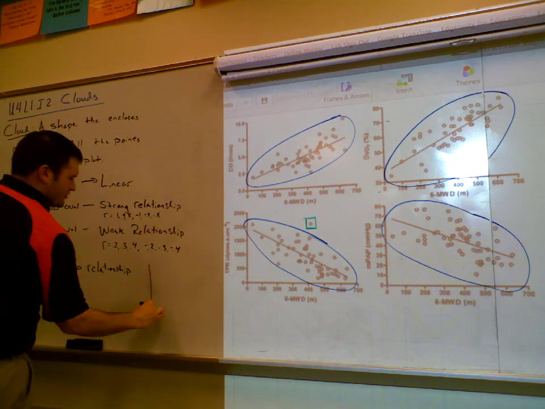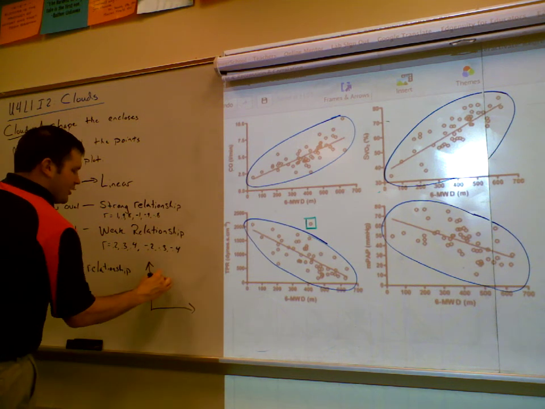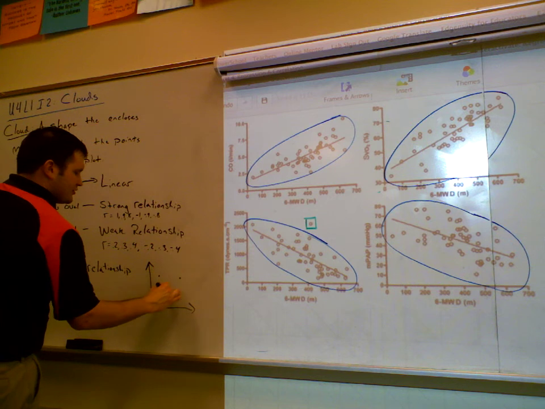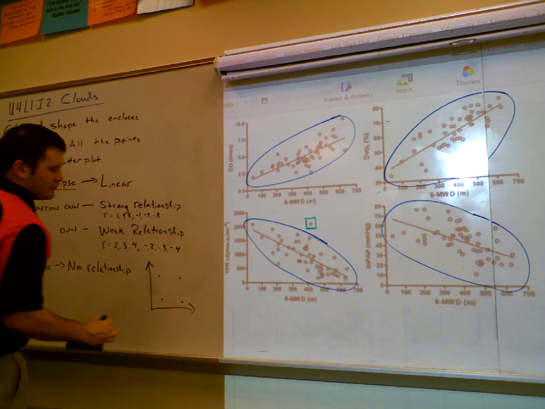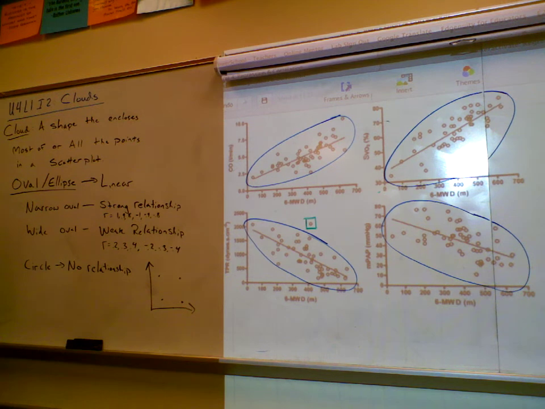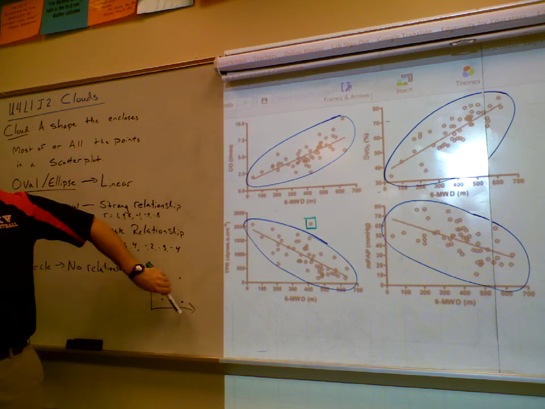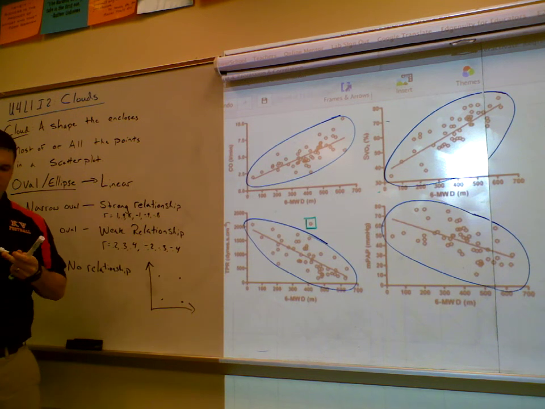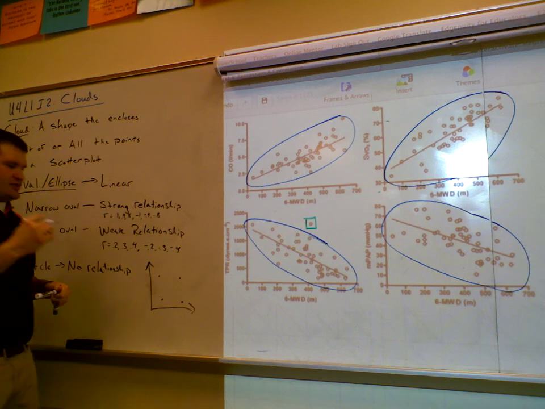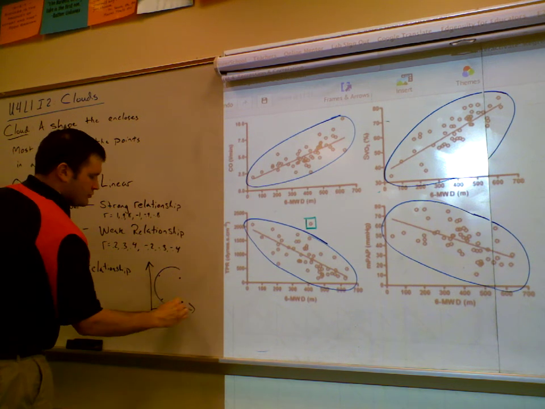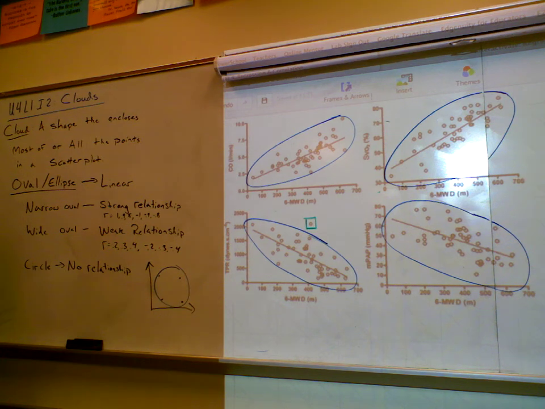So you're probably thinking, a circle cloud, what do you mean? Okay. Let's say I have 4 dots. What type of relationship do those 4 dots indicate? Is it positive? Is it negative? No. We don't know. Okay. But if I draw a cloud around these, what is it?